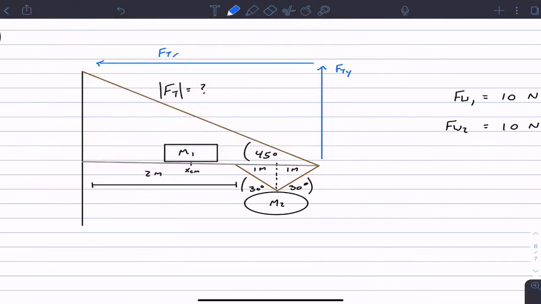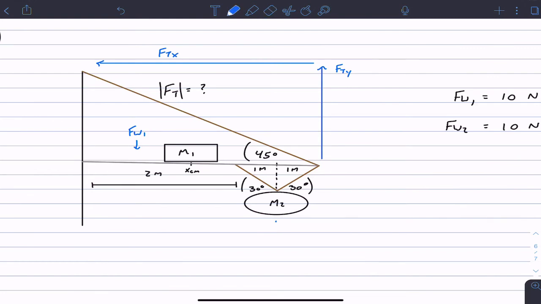We're also going to have a weight force, right? Here's the center of mass here. This thing has a weight force going straight down, FW1. We're going to need to consider that. So FW1, straight down, that's in the y direction.